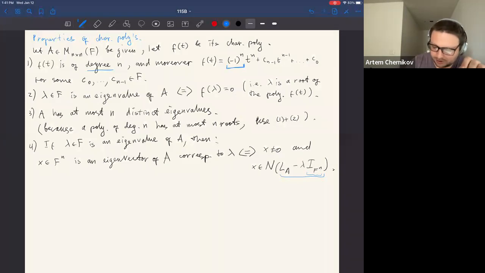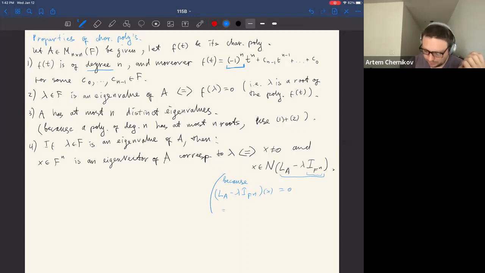This is just a way to rephrase the definition of being an eigenvector corresponding to lambda. Because x belongs to the null space means that (L_A minus lambda I_{F^n})(x) is equal to 0, which is precisely what it means to be in the null space.